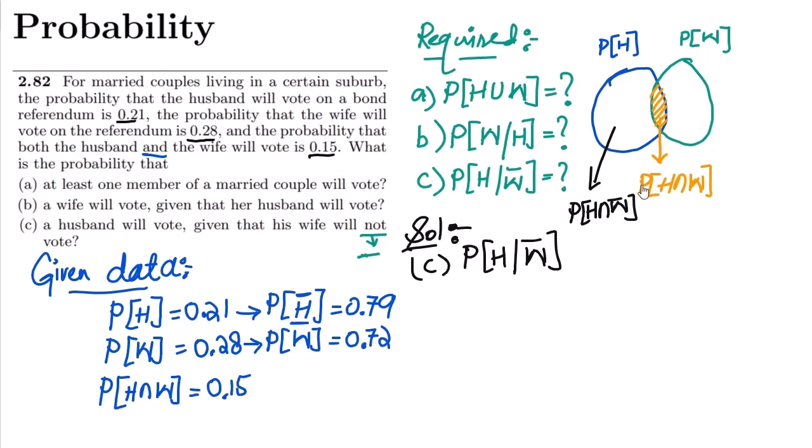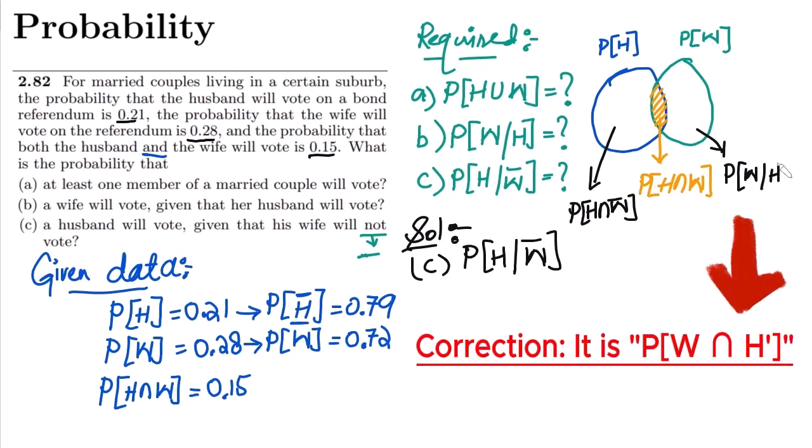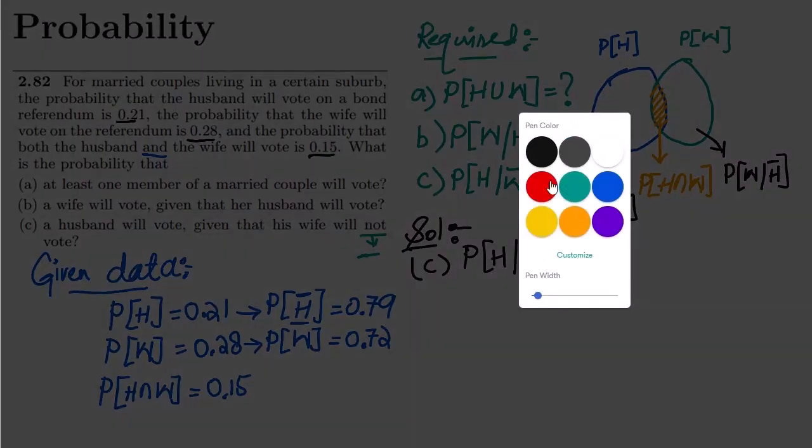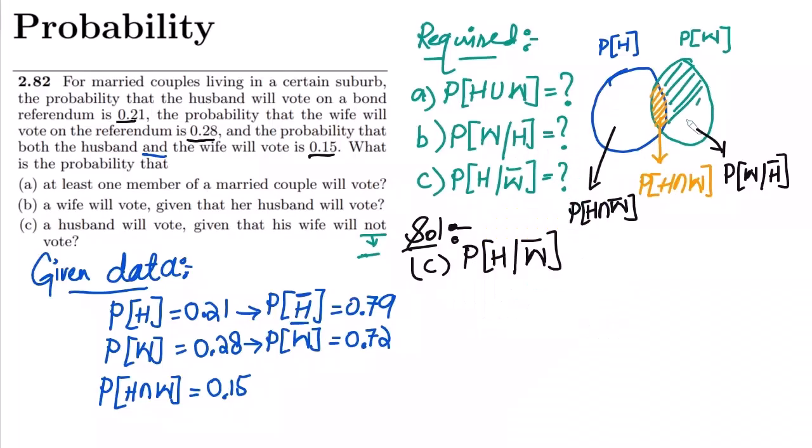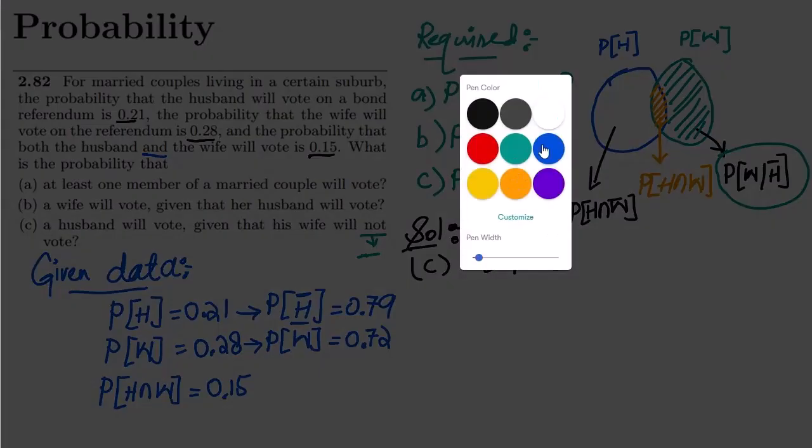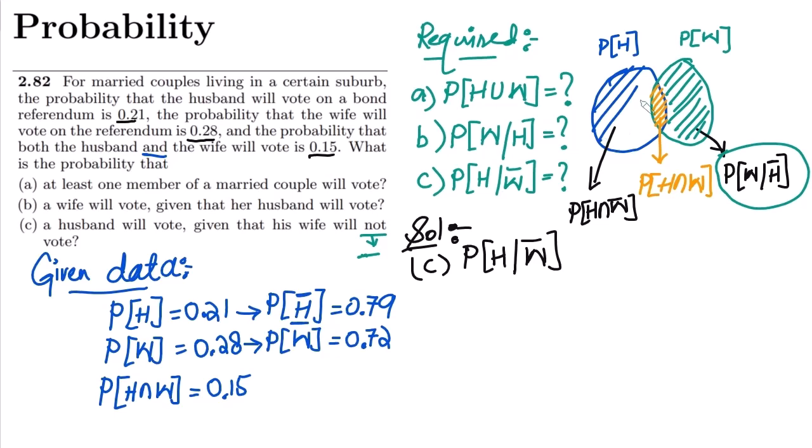Similarly, this one is the area in which the wife will vote while her husband would not vote. Let me also color them. This is the green area, while the blue area is this one, and this one is here.